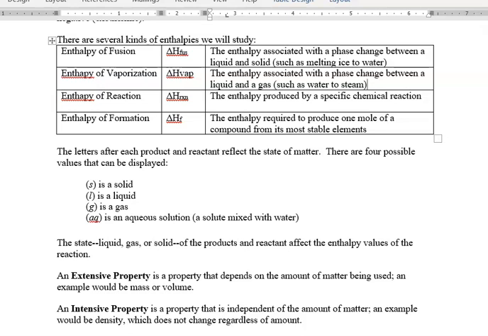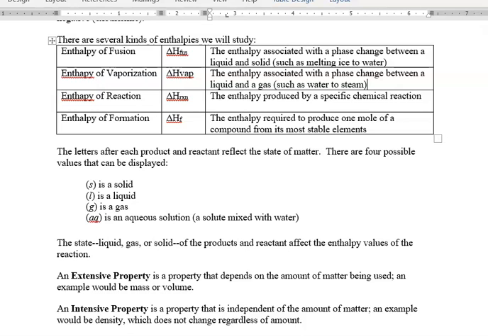If you condense the steam back down into water, that's also the enthalpy of vaporization. When you boil the water and turn it into steam, the heat is going into the water, so that's endothermic. When you condense steam back down into water, you're letting off energy. You're bringing the water down to a lower energy state. That's releasing energy out into the surroundings. And that's also enthalpy of vaporization. It's just the opposite sign.